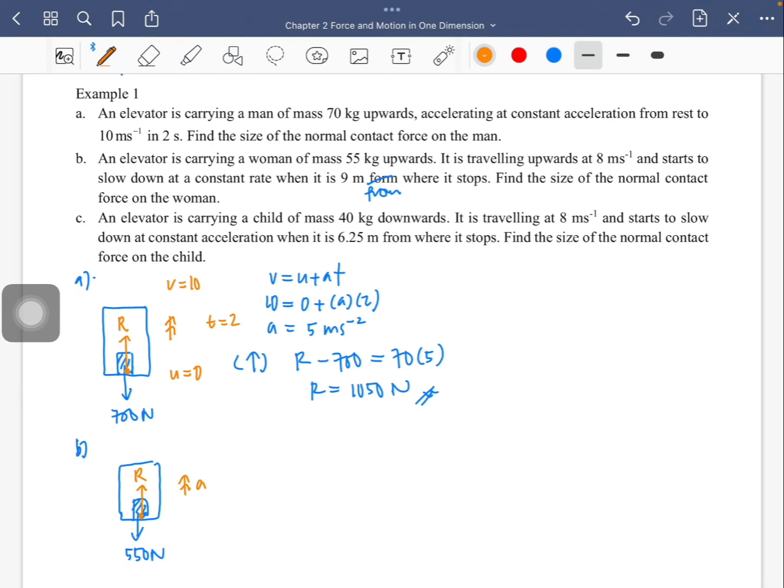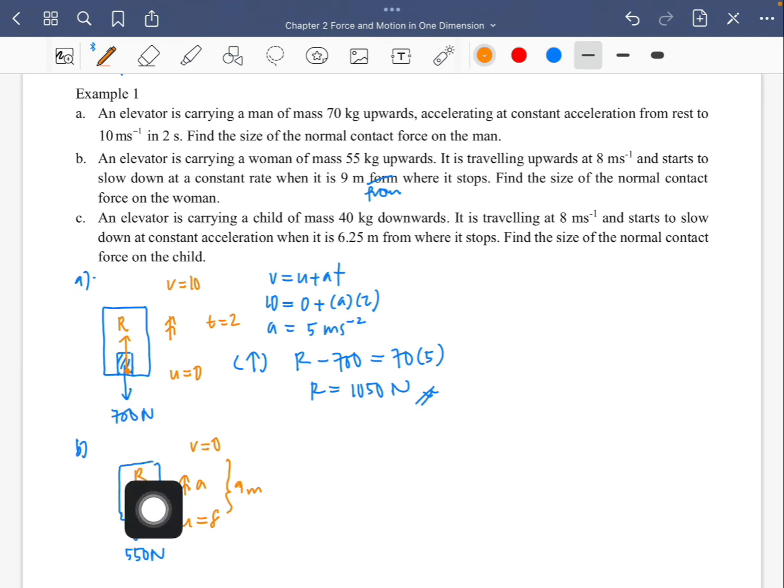We don't know the value, but we know that initially the speed is 8, and then it travels for 9 meter, and after that it stops, so the final velocity is 0 here.